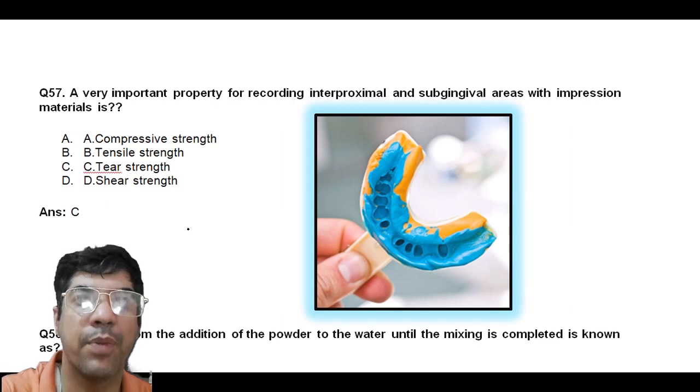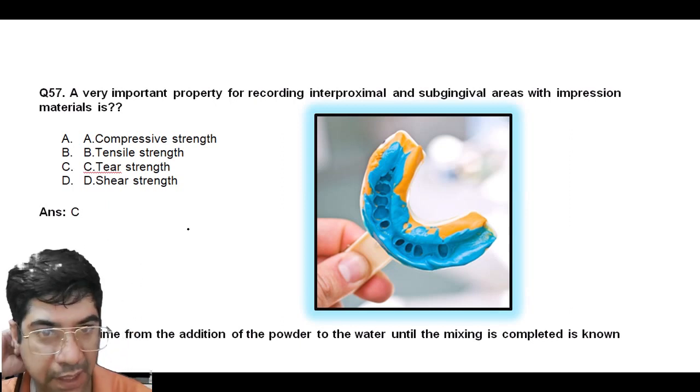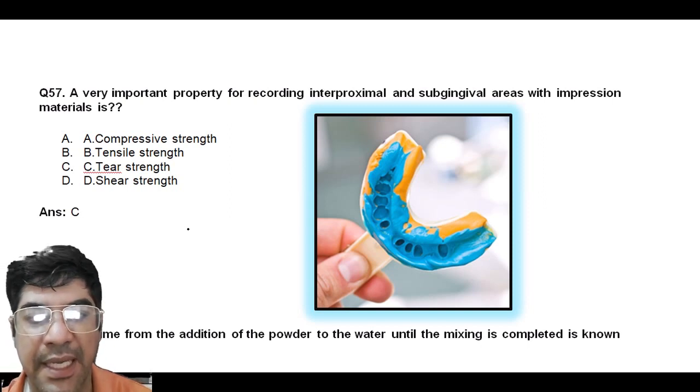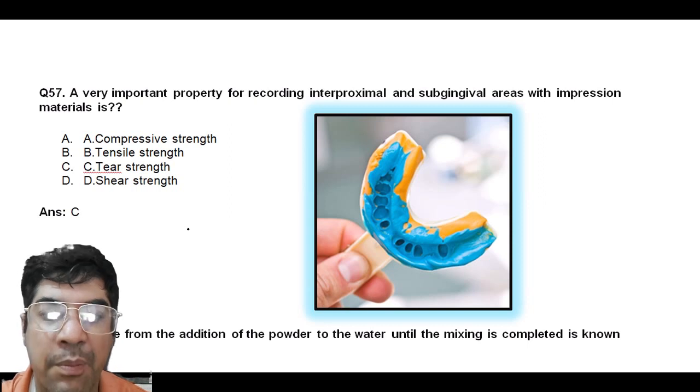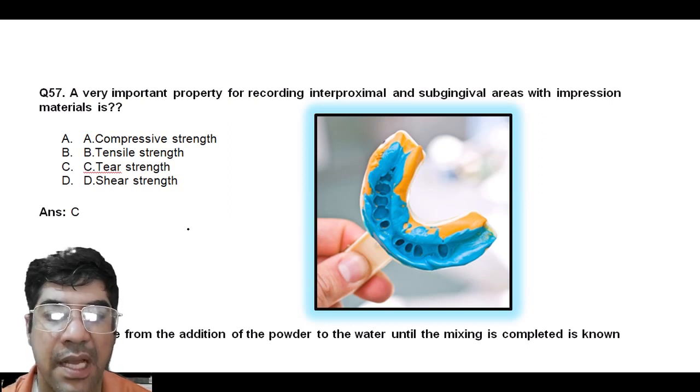A very important property for recording interproximal and subgingival areas with impression compound, remember, is the tear strength. It is very important while recording the interproximal and subgingival areas, as the impression material can be of really less thickness in this area.